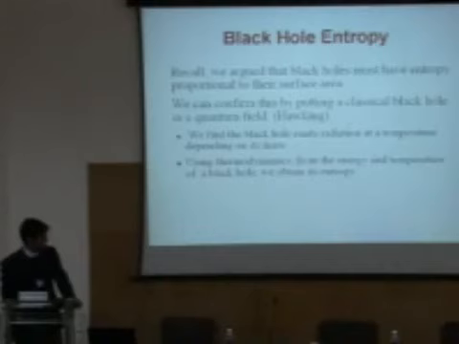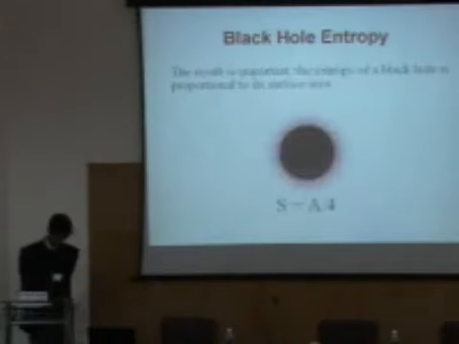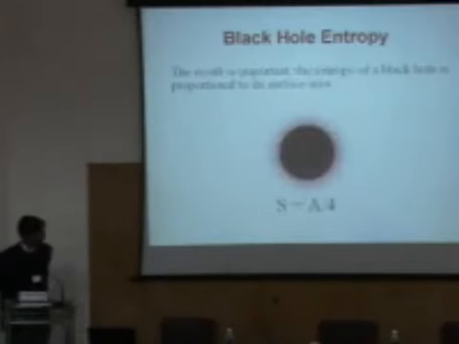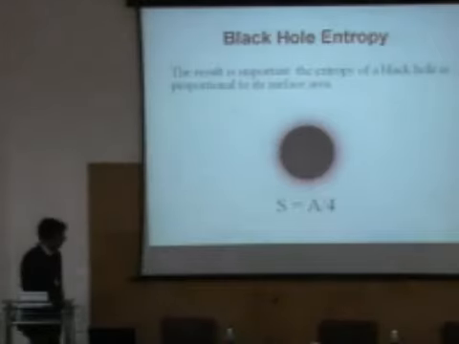So using thermodynamics from the energy and temperature of the black hole, we can again obtain its entropy, and we find the entropy again is proportional to the surface area. So here the entropy equals the area of the black hole divided by 4. And area here is measured in units of the Planck length squared.